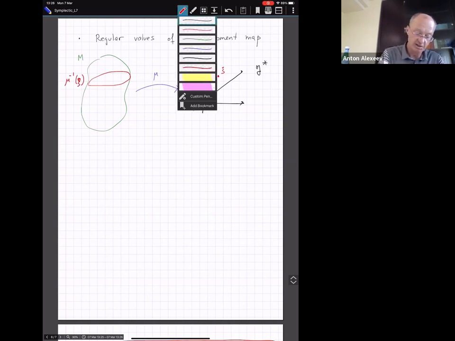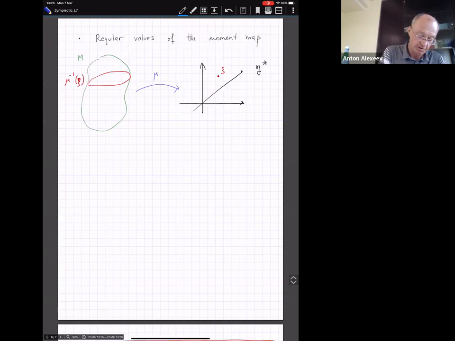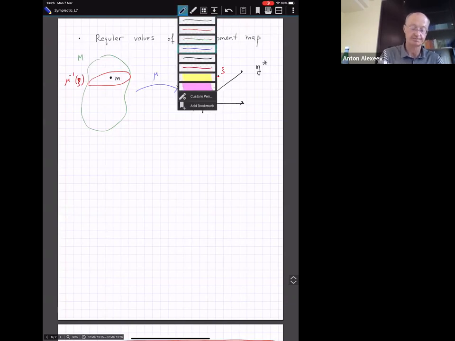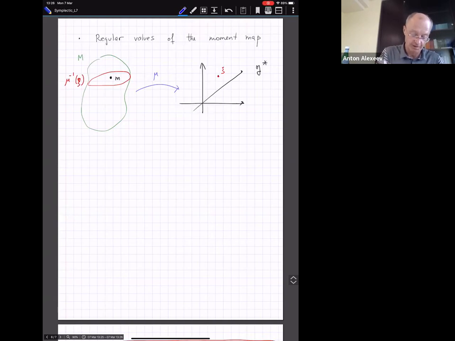And here we have a point M, which is sitting in the pre-image. So mu of M is equal to psi, or the same thing: M is sitting in the fiber of psi under the map mu.